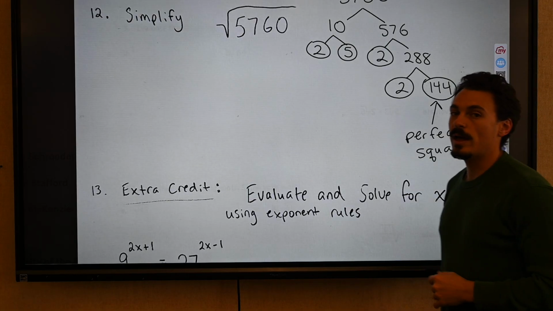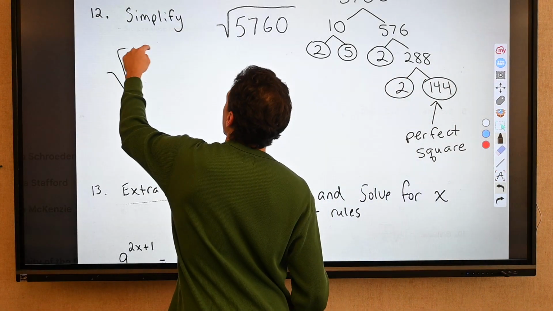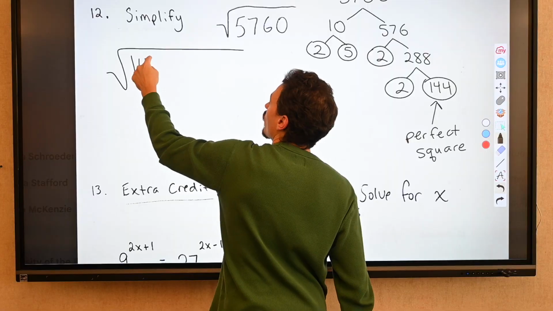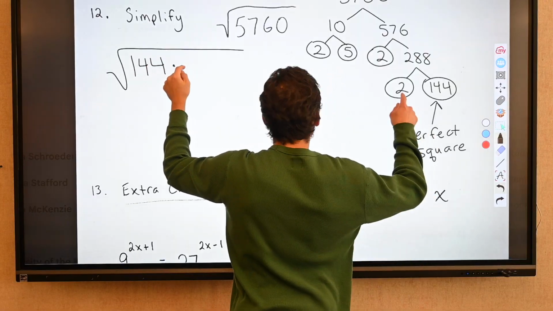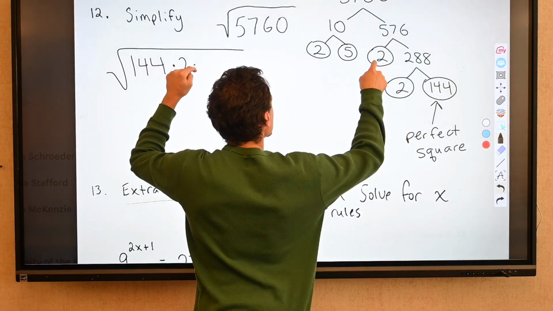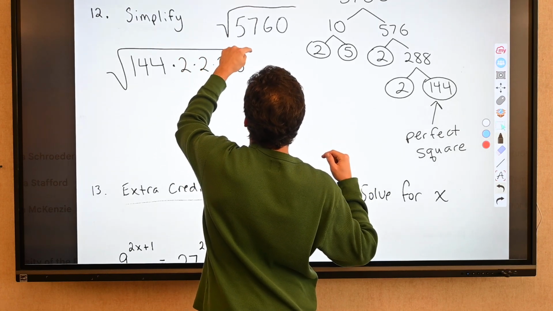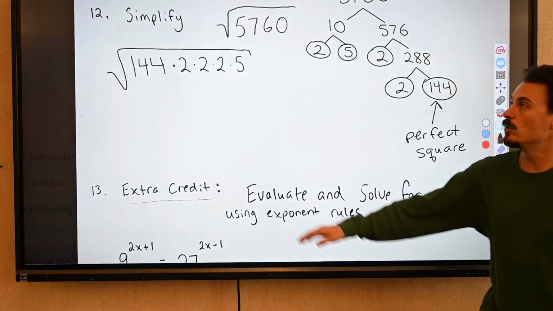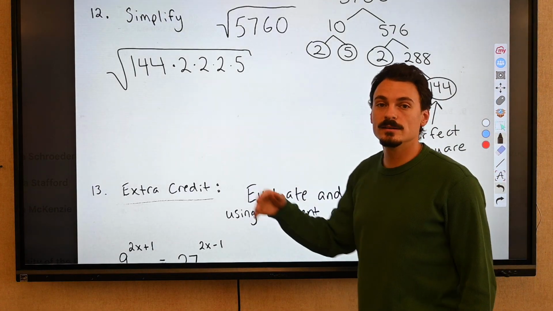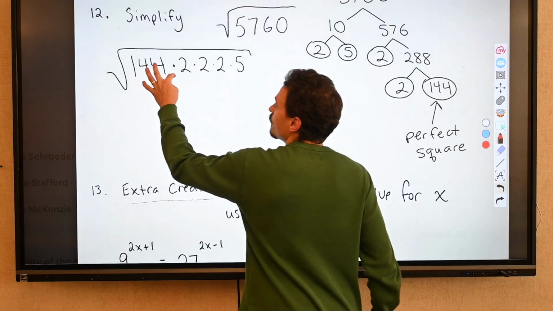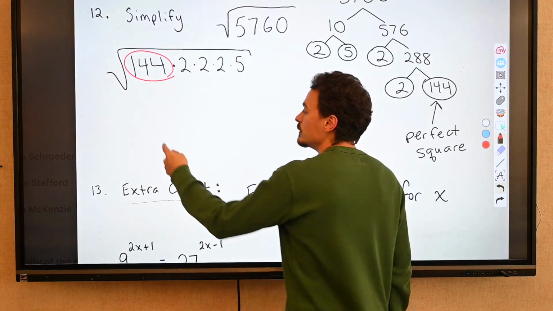So that means I can take the square root of 144 times 2 times 2 times 2 times 5. And that's going to equal 5,760. Now, the square root of 144 is 12.